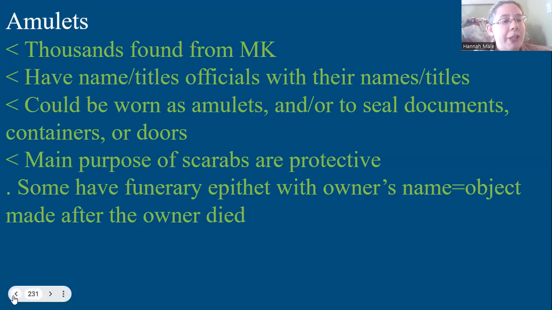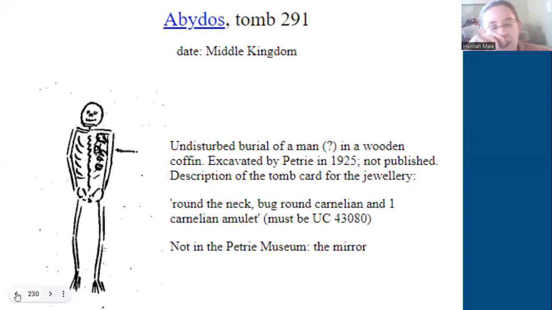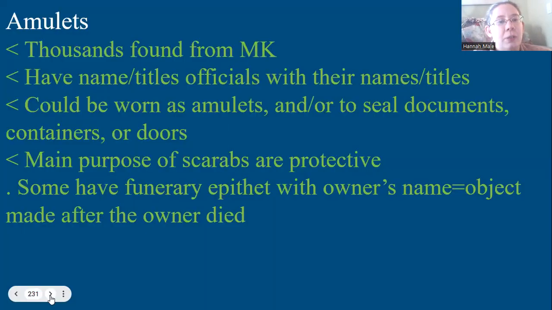So one of the other things that you see in the Middle Kingdom, which is hinted at by this body, is the use of amulets, both as burial objects, but also used as seals.